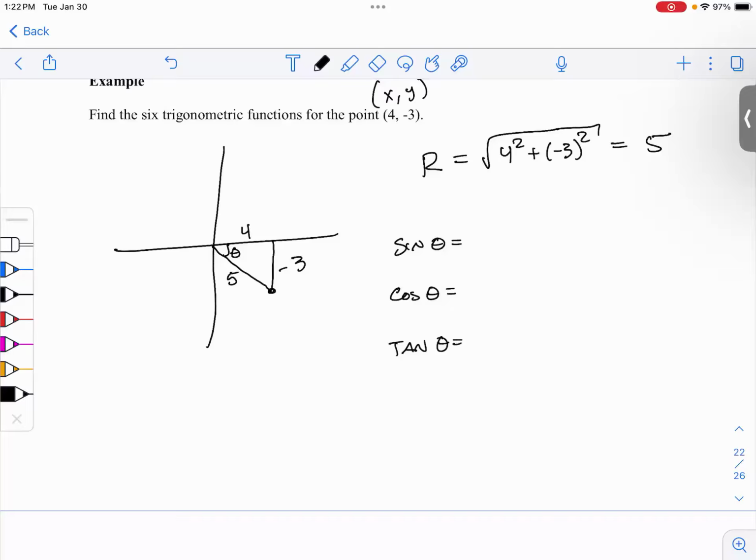It always can break back down to SOHCAHTOA. So opposite over hypotenuse, adjacent over hypotenuse, opposite over adjacent, and the corresponding reciprocals.